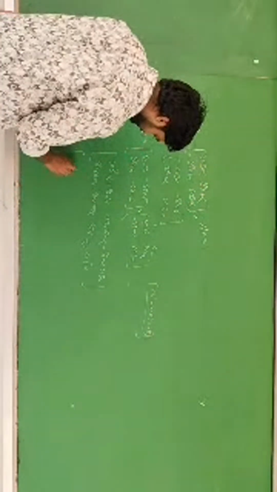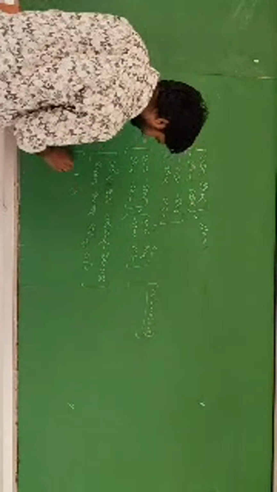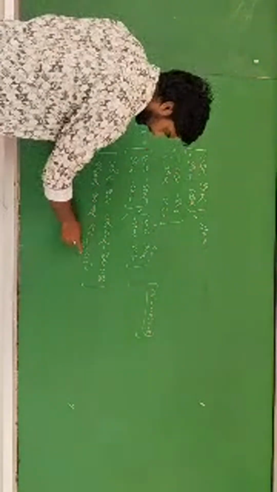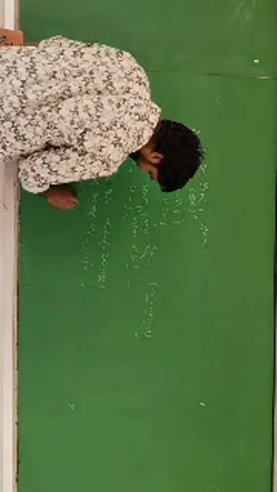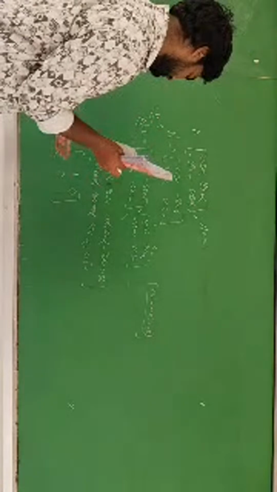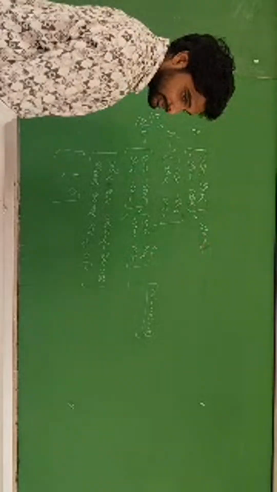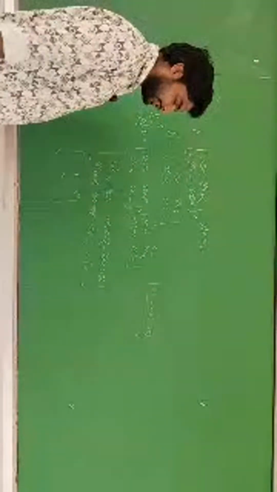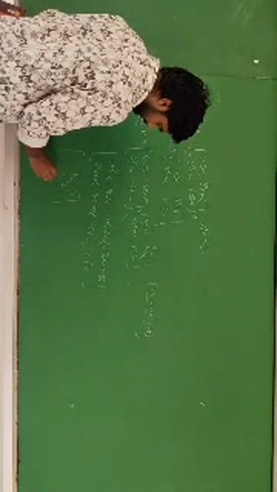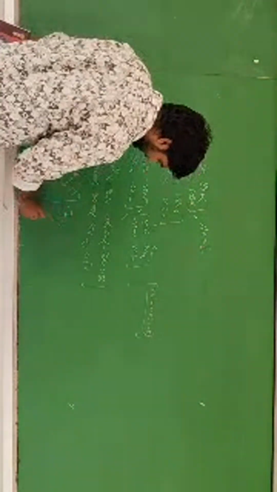So 1 plus minus get cancelled, so 0, and sin alpha cos alpha minus sin alpha cos alpha becomes 0 here, and sin square plus cos square we replace with 1. So this is the identity matrix, which is the RHS. Clearly this is I, the identity matrix. The identity matrix is nothing but 1 0 0 1. Clearly this says identity matrix.